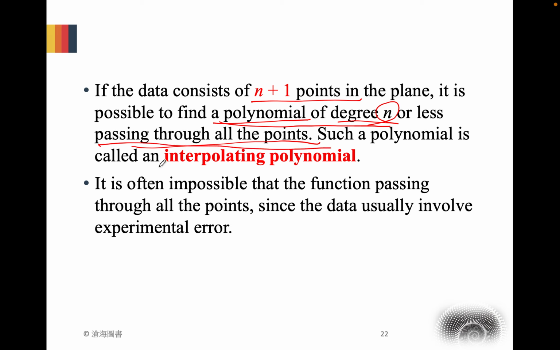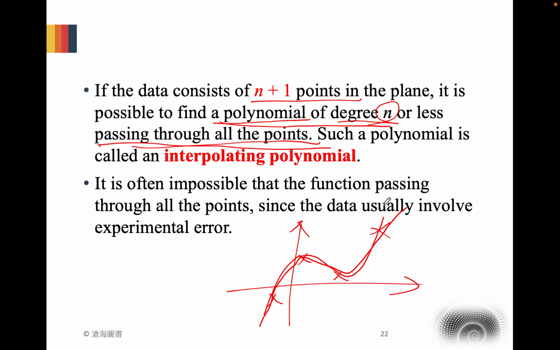Such a polynomial is called the interpolating polynomial. For example, if we have a plane here, if we have a data point this one and this one, it would be possible to find a curve passing all these data points. For example, here, we can find this curve, and this is the so-called interpolating polynomial. Okay.